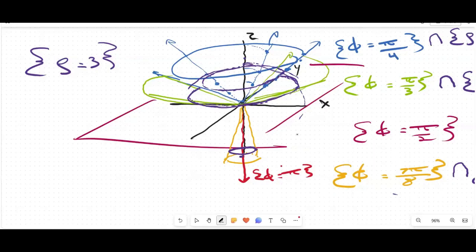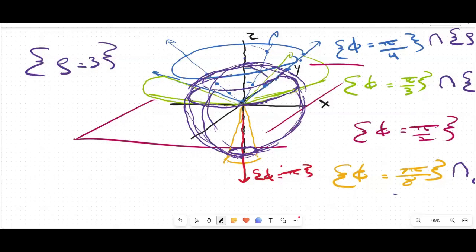Here we go. There's no chance of me getting this right. I didn't draw it well enough. That's too bad. Hopefully you get the idea. There is a sphere.